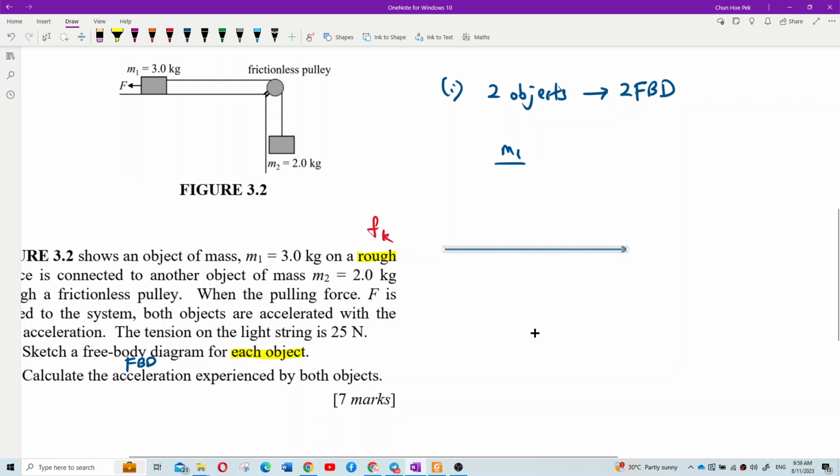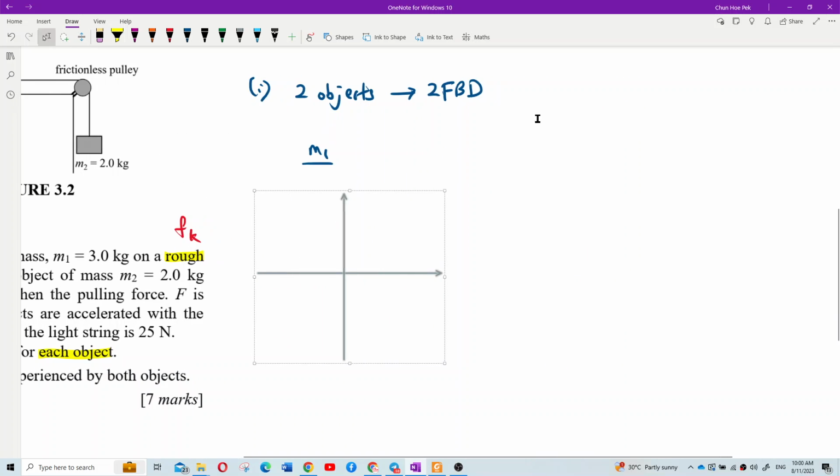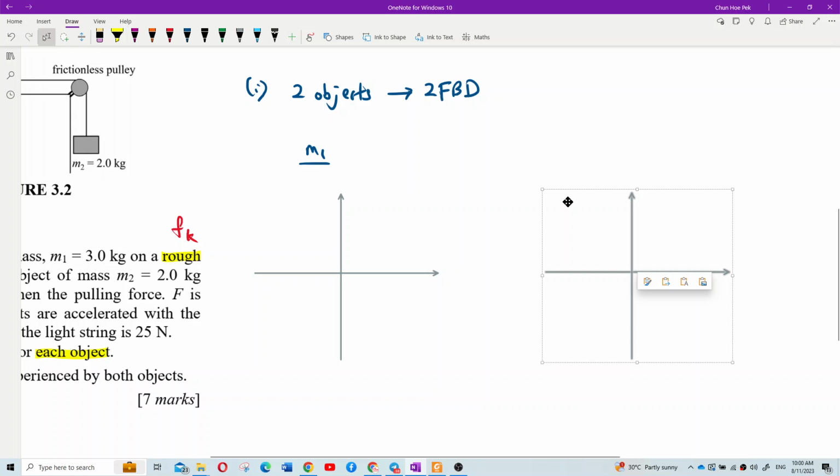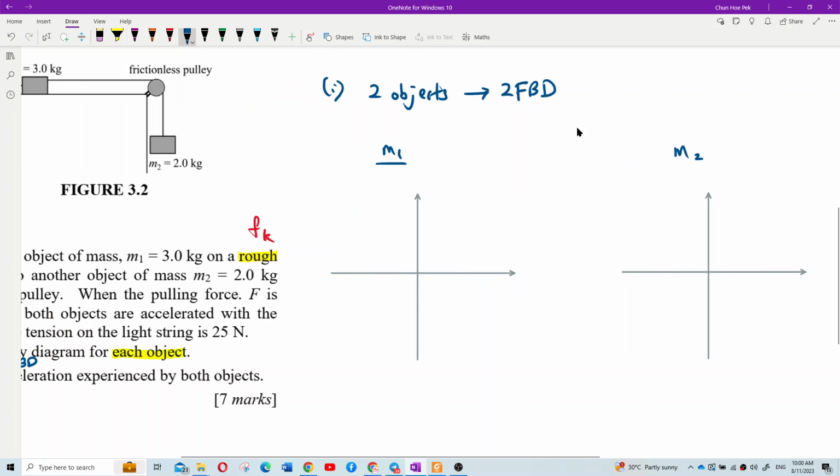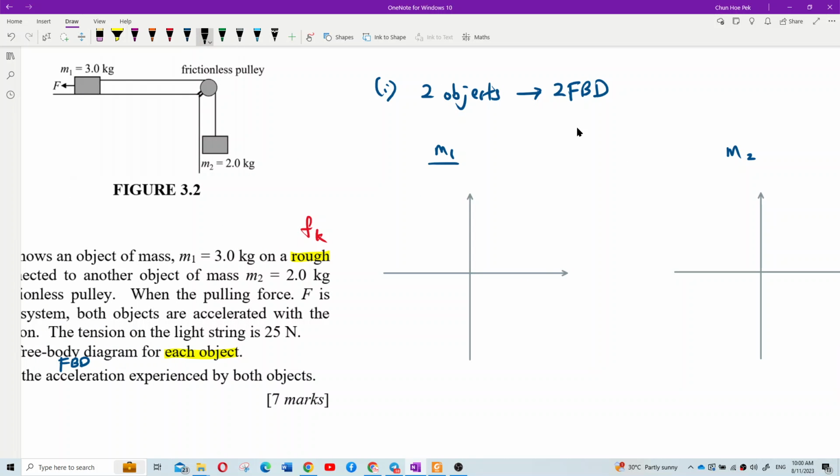Draw the axis for both. Represent the object only as a point mass, remember?